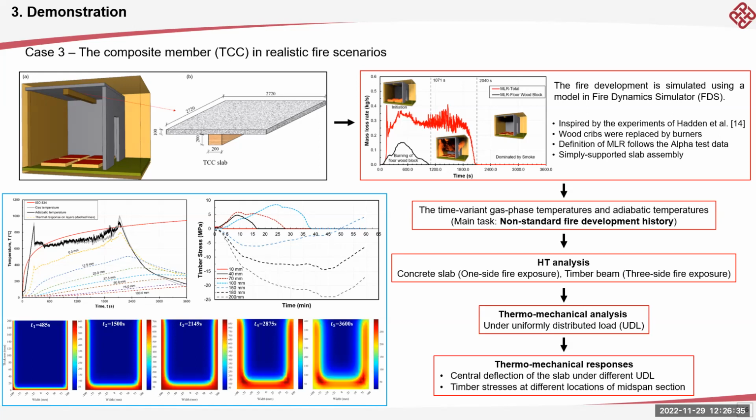And then we can do the thermomechanical analysis under uniformly distributed load, and get the thermomechanical response, such as the central deflection of the slab under different UDL, and timber stress at different locations of the mid-span sections.